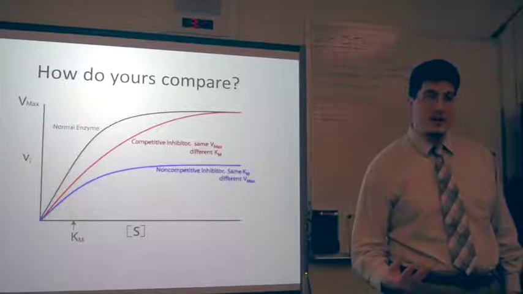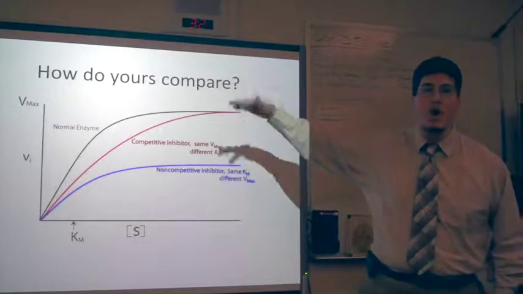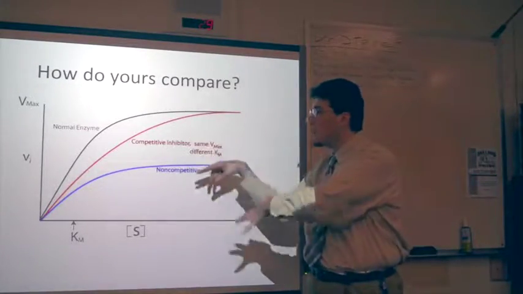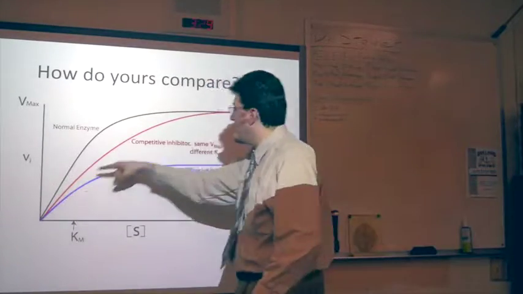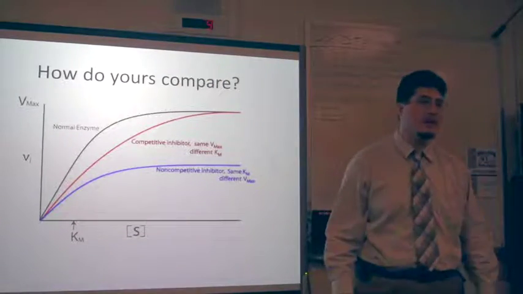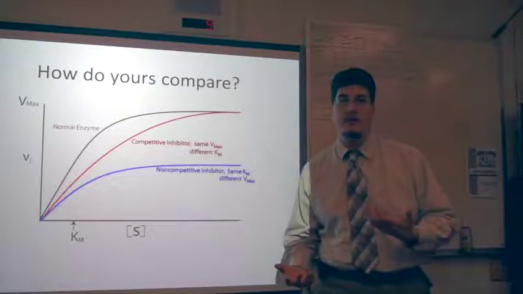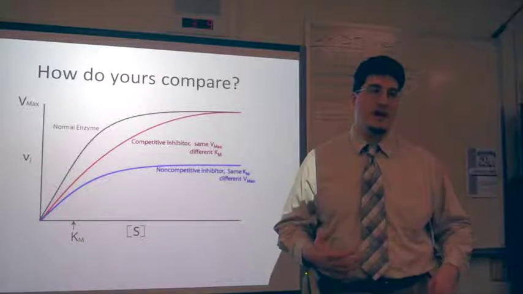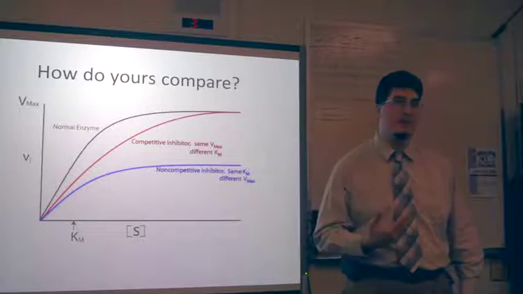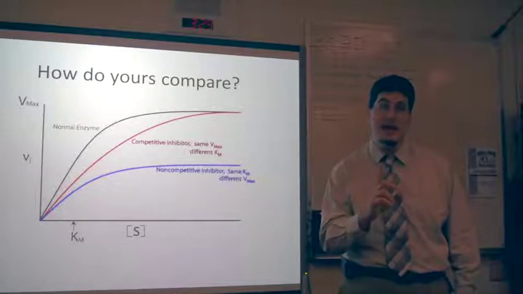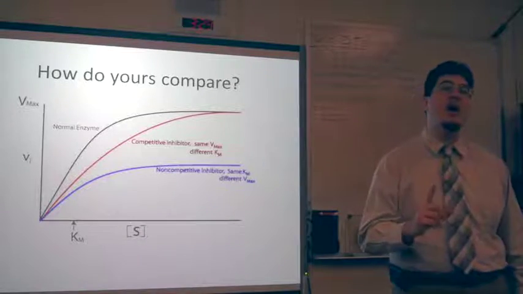If an allosteric inhibitor were in play here, both of these numbers would change. It would be some combination of the two, like in between these two things. It would be weirder looking, so you shouldn't be expected to estimate that look. But you should be able to explain what's going on.